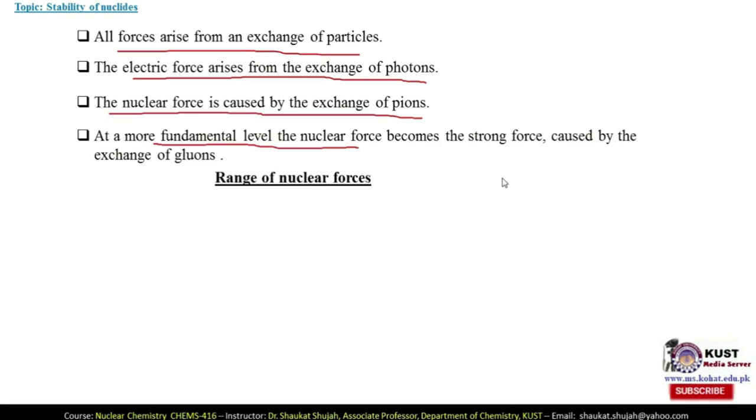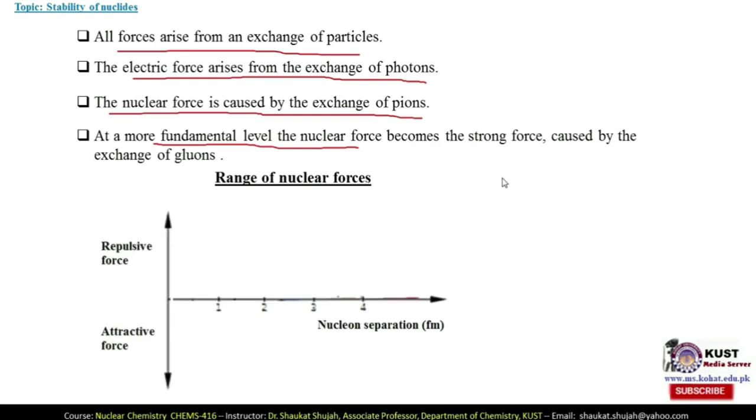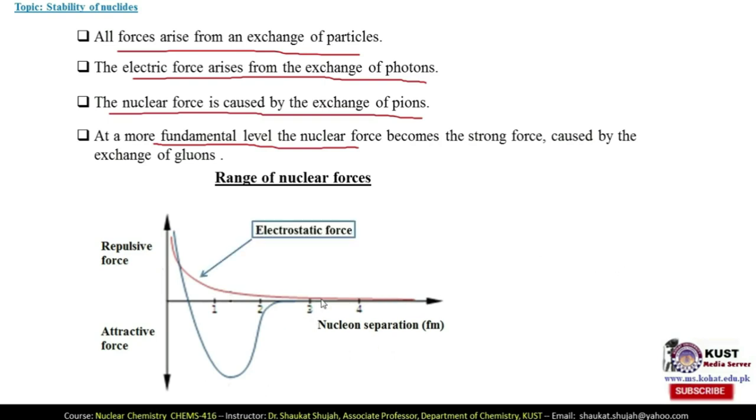Now, what is the range of nuclear forces? If we plot the strength of force versus the internucleon distance, we get a plot like this. This red line shows the electrostatic force of repulsion, and as the nucleons, especially the protons, come close to each other, the force of repulsion increases.